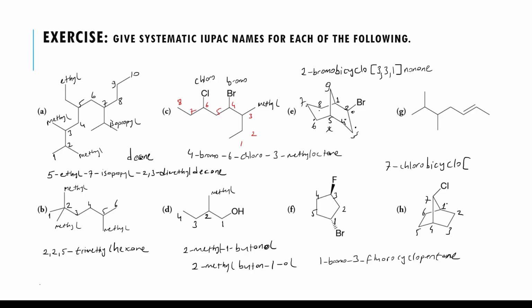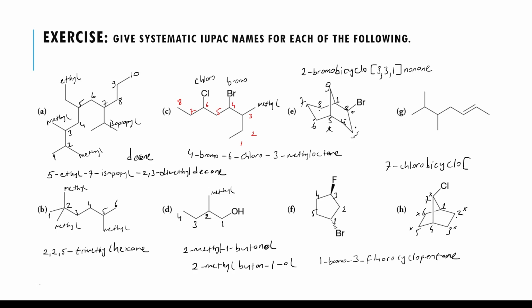In brackets I am just identifying the carbons. I have 2 carbons on this side, I have 2 carbons on the other cyclic system apart from the bridgehead carbons, and on the bridge I have just 1 carbon.